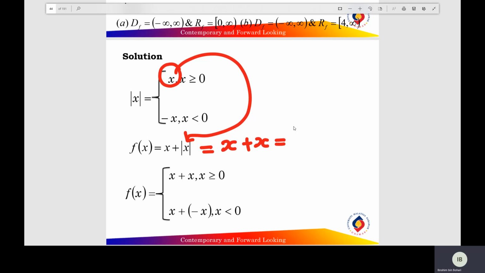So the first function here, f(x) equals 2x. Okay, so I write down here. And then the second part of the function, f(x) equals negative x. So write down here.